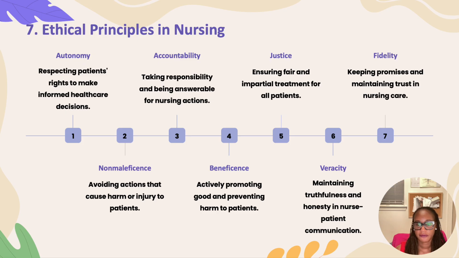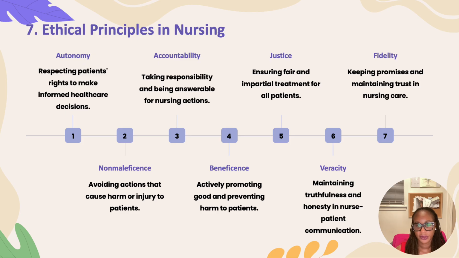So, non-maleficence versus beneficence. Non-maleficence is avoiding causing harm, for example, not giving a drug that may harm a patient, while beneficence is promoting good, so recommending a therapy that will help improve the patient's health. And then we look at veracity versus fidelity.